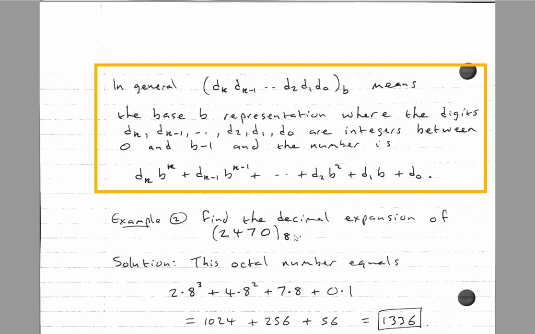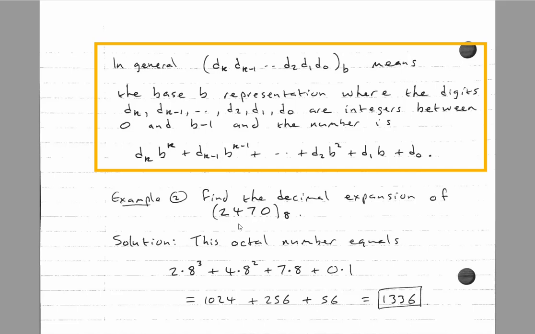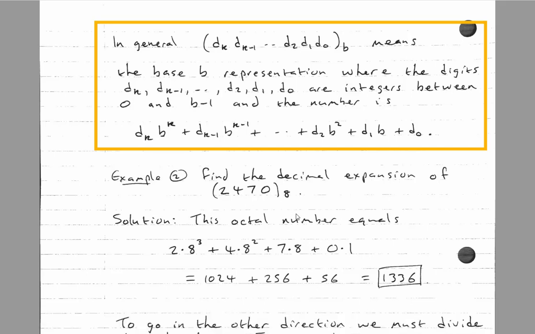Example 2, find the decimal representation of this number, 2470, and this is a base 8 representation, so an octal number. Well, we can just write it like this.